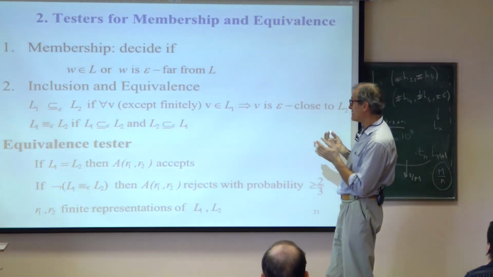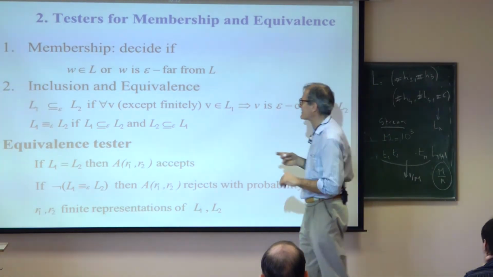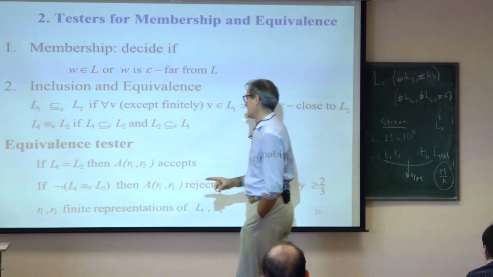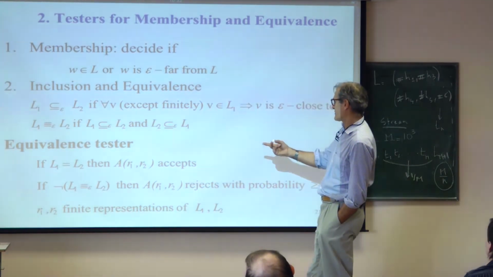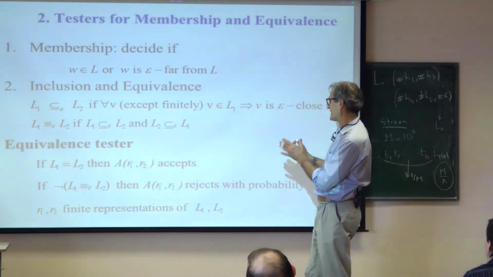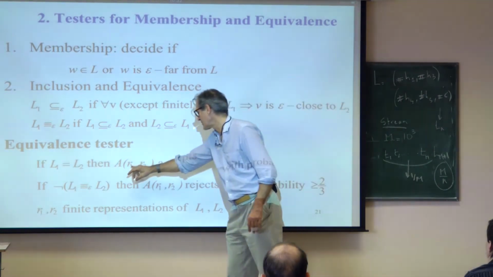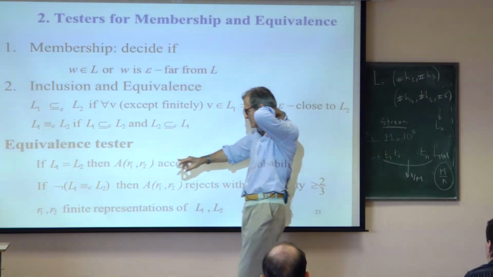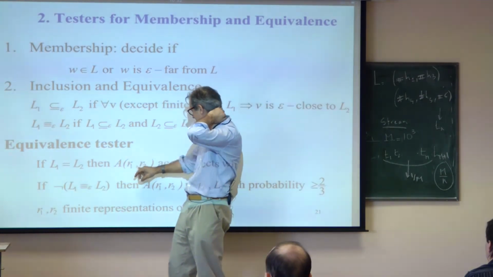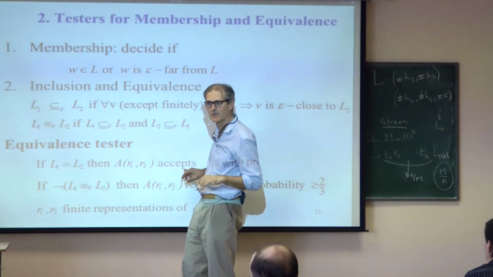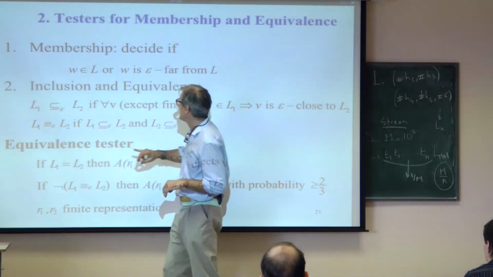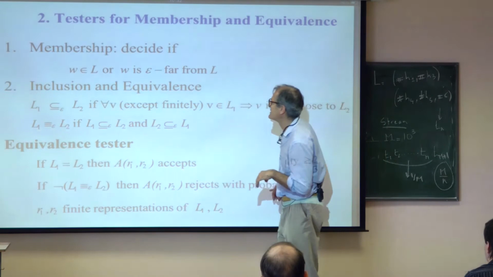Now, in an equivalence tester, here's a definition for two languages. What is an equivalence tester for L1 and L2? You are given regular expressions R1 and R2. What do you want? If the languages are the same, you want to accept with probability 1. And if they are not close, you want to reject with high probability.